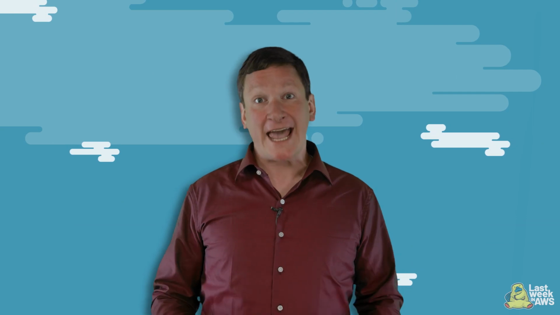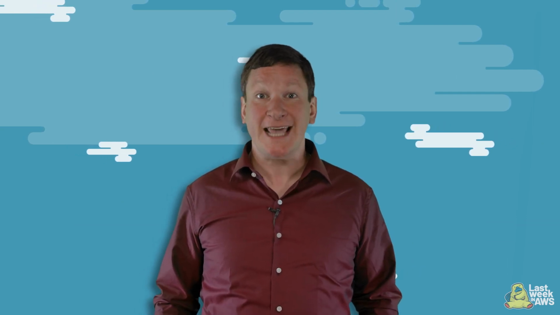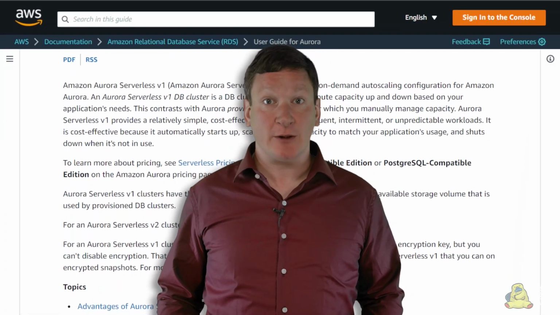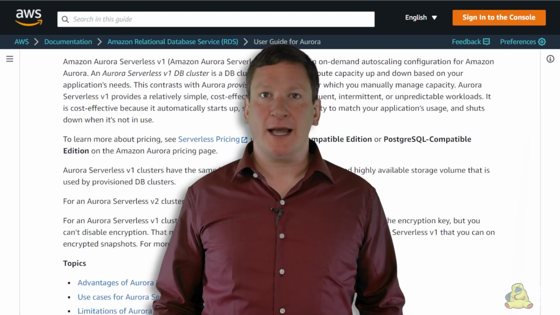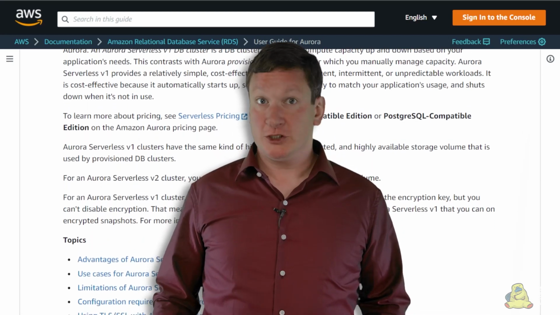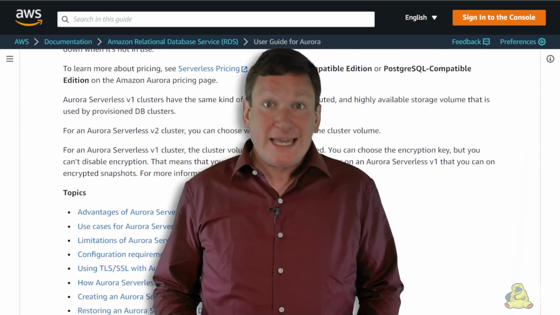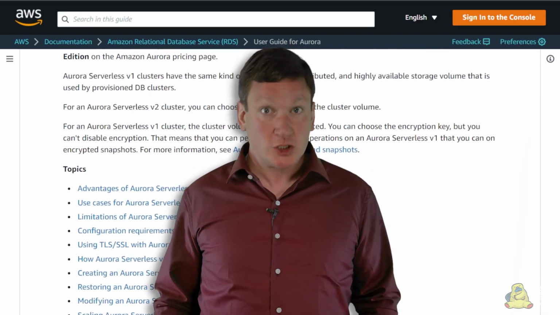The woeful tale of AWS's diverging Aurora Serverless offerings began when Amazon Aurora Serverless version 1 was announced at reInvent all the way back in 2017. Version 1 has some problems that are a bit gnarly and, frankly, make it tough to justify trusting production with it.